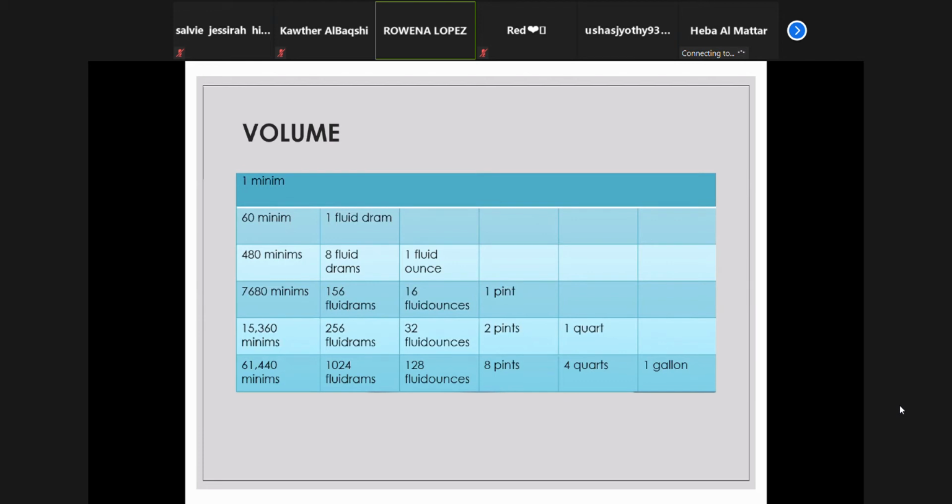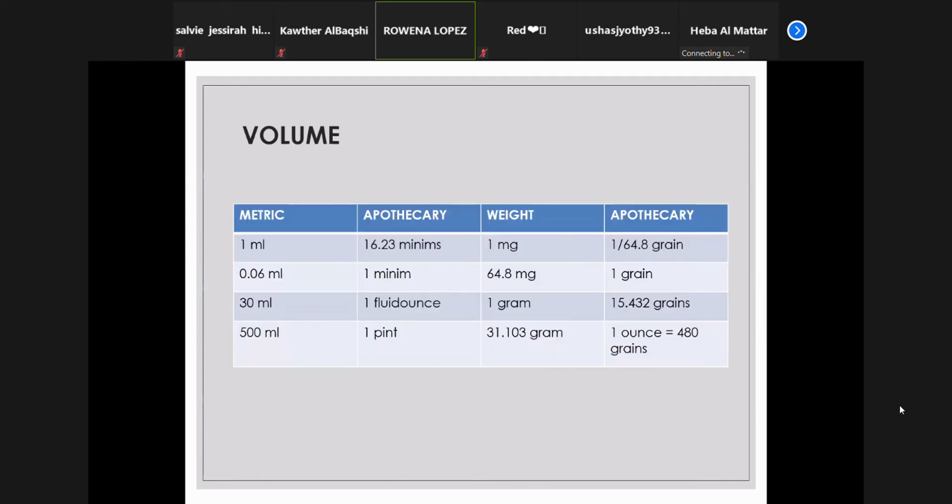So now you can still hear pints, especially for ice cream, or quart or gallon. These are not so much used now. So we have a differentiation between the metric and apothecary.